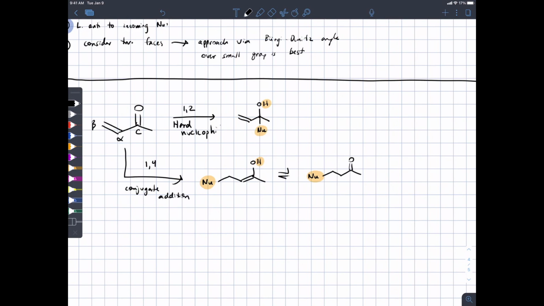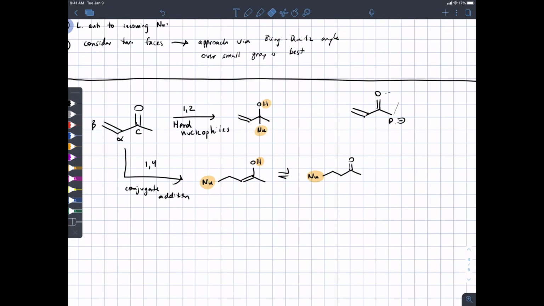And the reason for that is that for hard nucleophiles like organolithiums and Grignards, you have ion pairing between the counter ion and the R group, right? And that's going to make it so that the nucleophile is very close to the carbonyl.